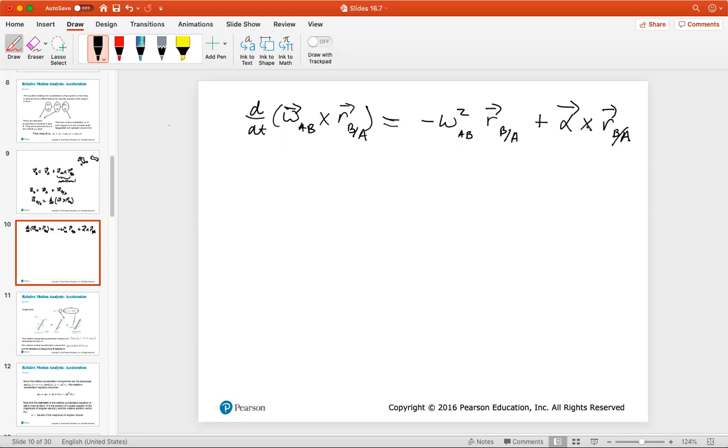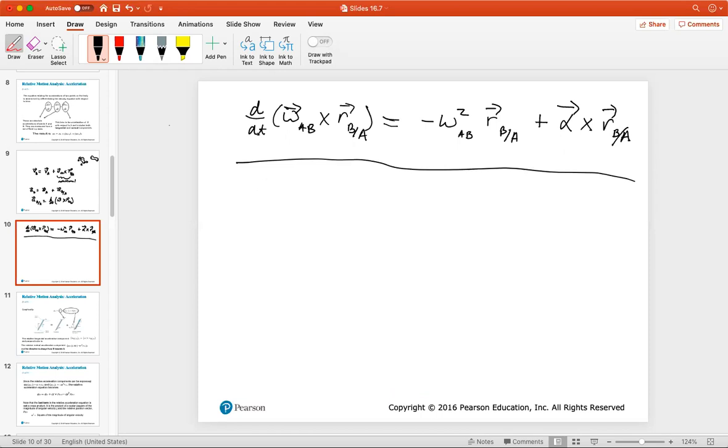Z cross R gives you a theta hat component, which is tangent to the circle centered on point A. All right, so that is where we're going to end up, kind of using the Braille method, feeling our way through it. Let's work it out in detail.